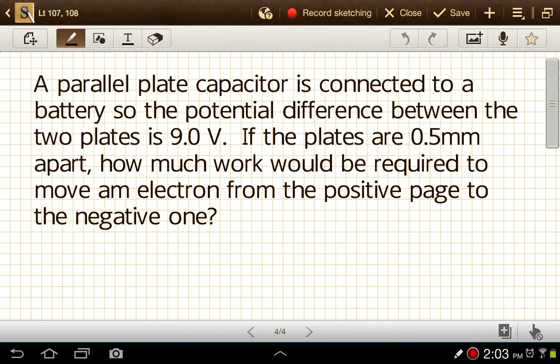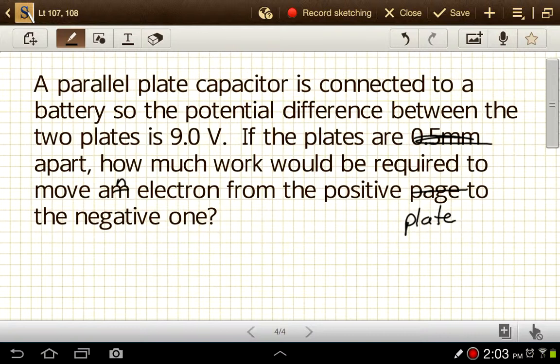I was thinking we were solving a different problem here, so we don't even need the distance, but that's okay. We can just ignore that. How much work would be required to move an electron from the positive plate, not page, autocorrect, oh my goodness, and this is Ann. Wow, autocorrect is killing me on this, but what can you do?